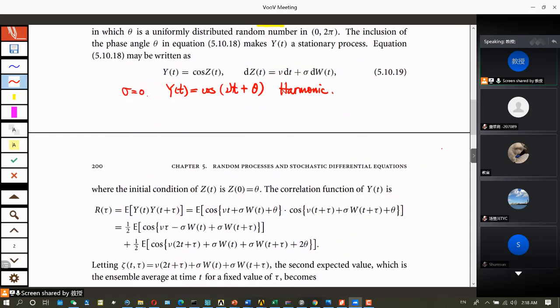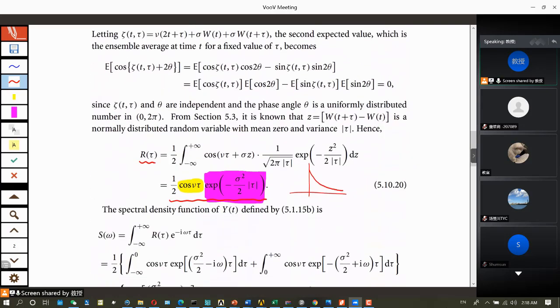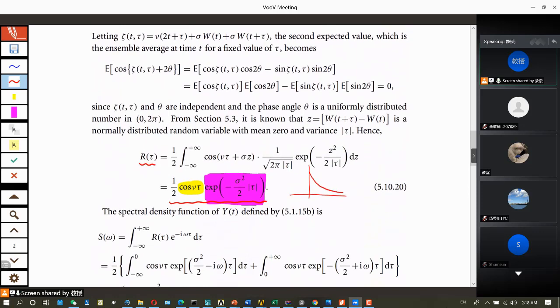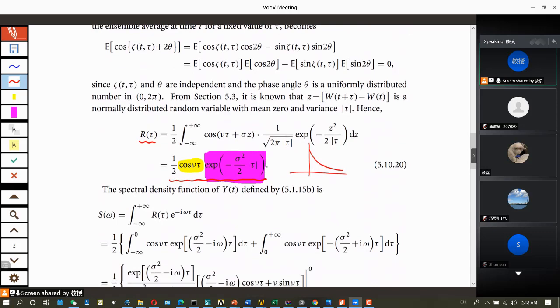Then the frequency band becomes wider and wider, and it's a combination of cosine function with a random process with exponentially decaying correlation function.